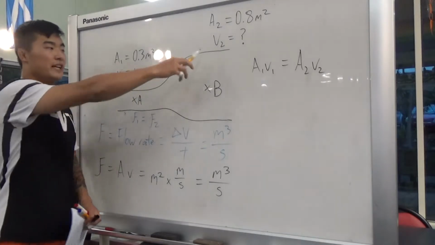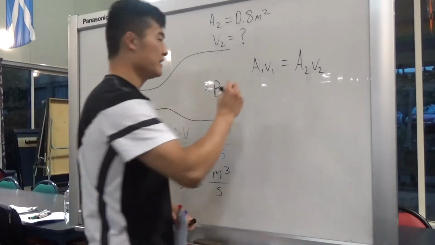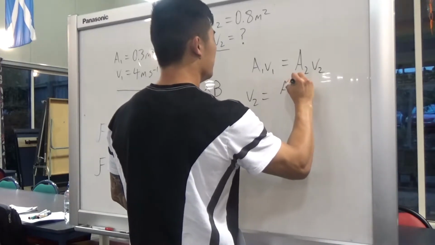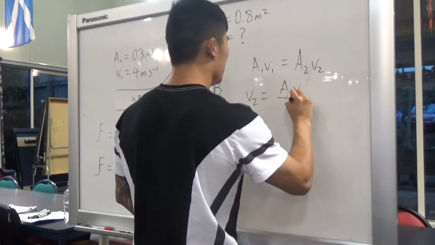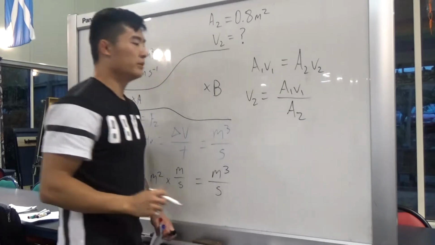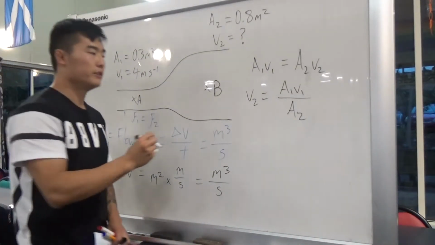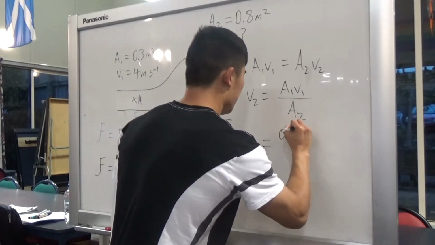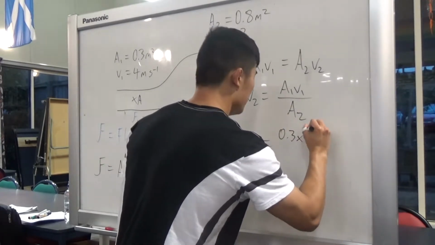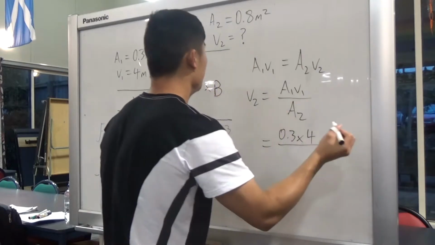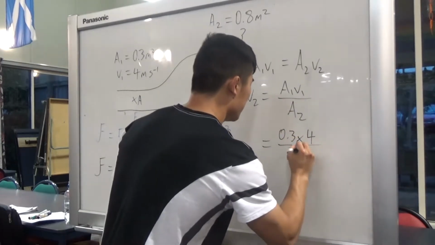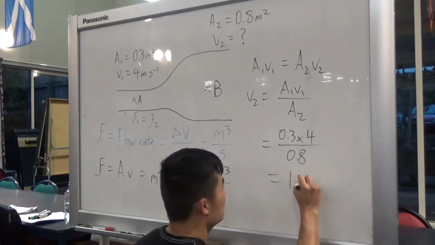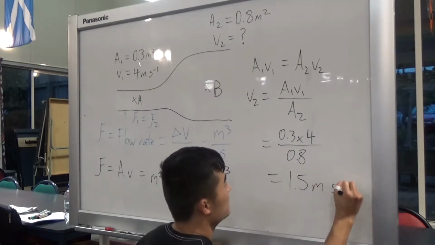And then we want to find out V2, so we're just going to rearrange this. So V2 is equal to A1 V1 over A2. Okay, so then you just put in the numbers, which is 0.3 times 4 over A2, which is 0.8. So that's going to be 1.5 meters per second.